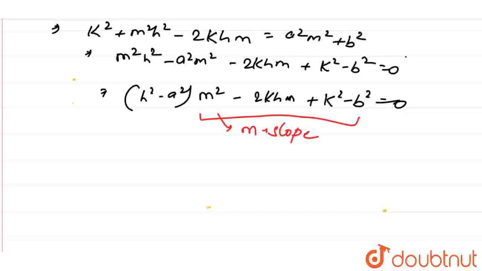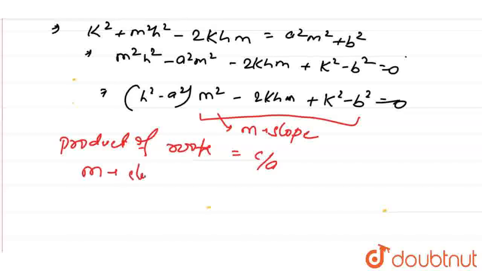And we know that for any quadratic equation, the product of the roots becomes c by a. As m was the slope, we already got that m1 into m2 was minus 1 from equation 1.